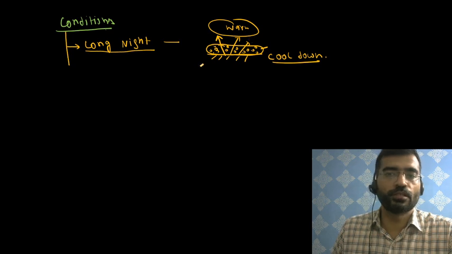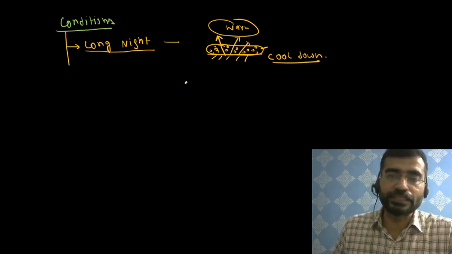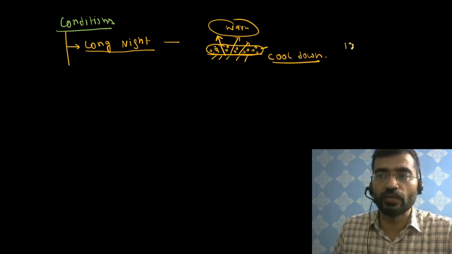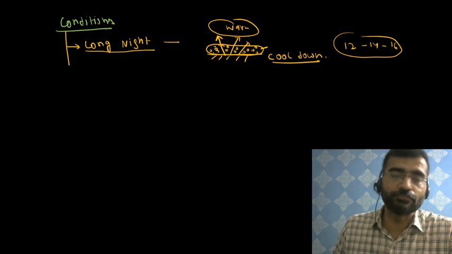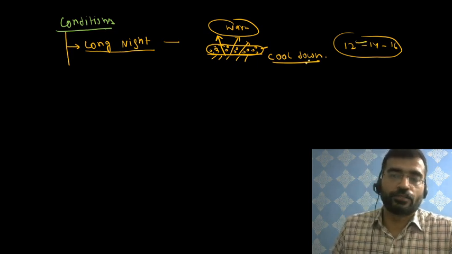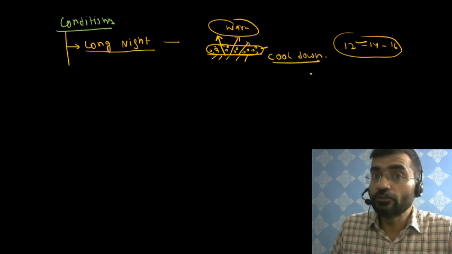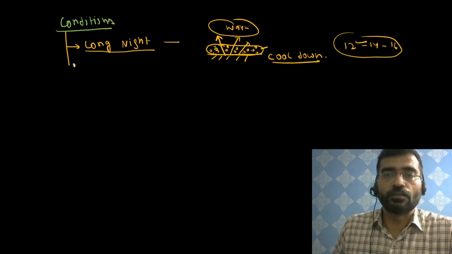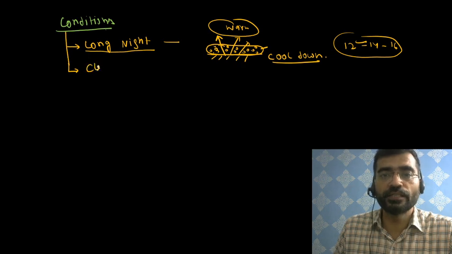Such a condition may prevail if there is a long night of over 12 hours, 14 hours, 16 hours taking place. In that case, the earth gets cooled down and the surrounding air will lose temperature after coming in contact with the earth's surface. Second point: a clear, cloudless sky.